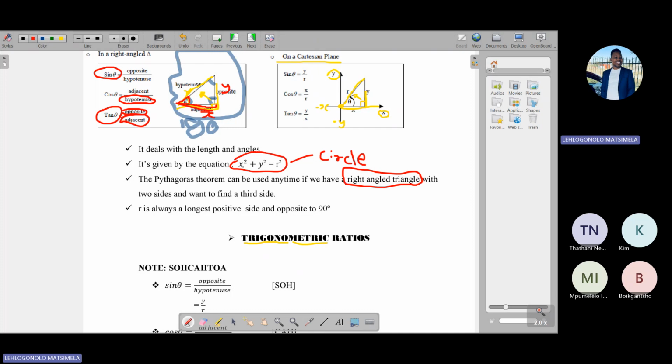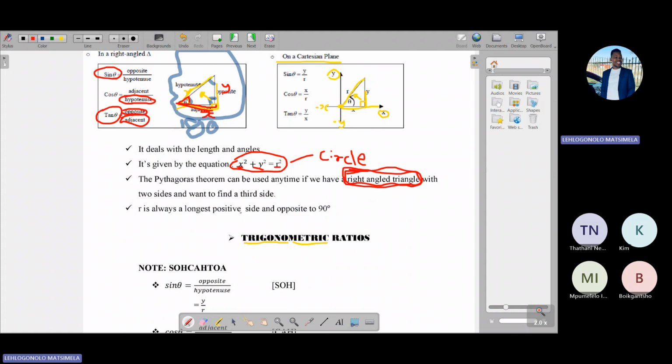So we either have X, or Y, or R. Any two of the three can help us figure out the third one. That's always the case, and remember, it only applies if the triangle is a right angle triangle. If not, please don't use the theorem of Pythagoras.